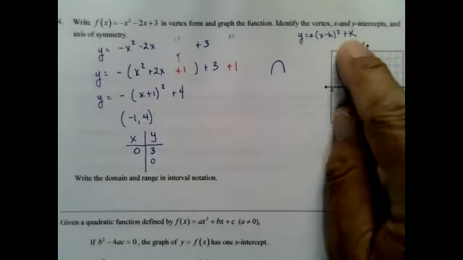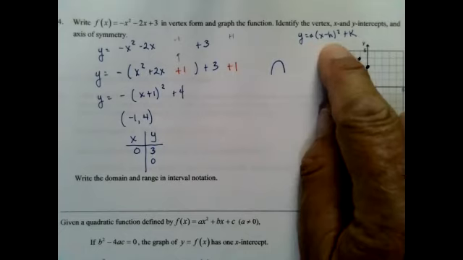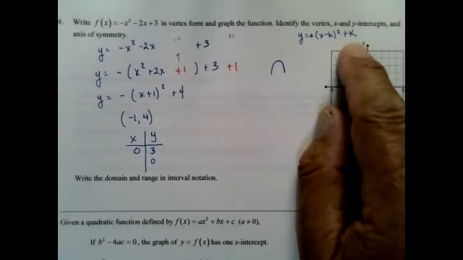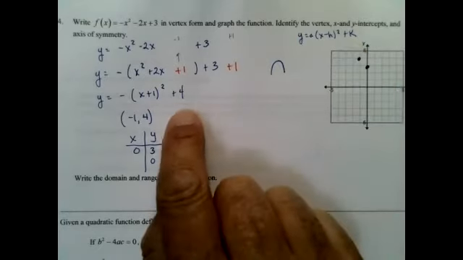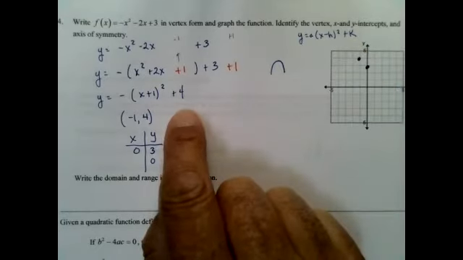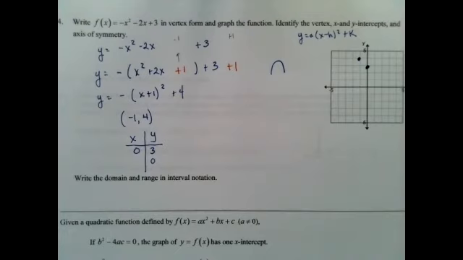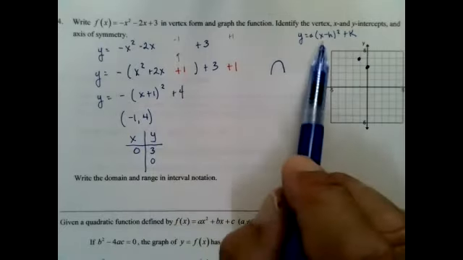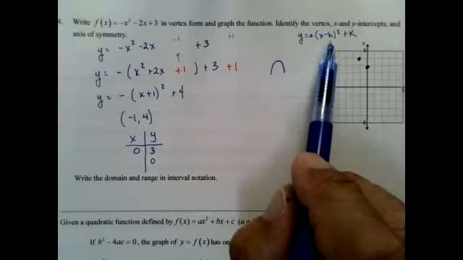Y equals a times x minus h squared, then this is plus k. So I'm thinking k is positive 4. Is that negative one supposed to be positive one? Well, this is x minus h.